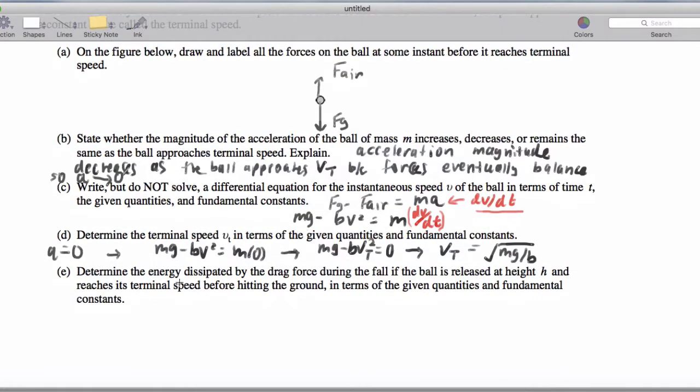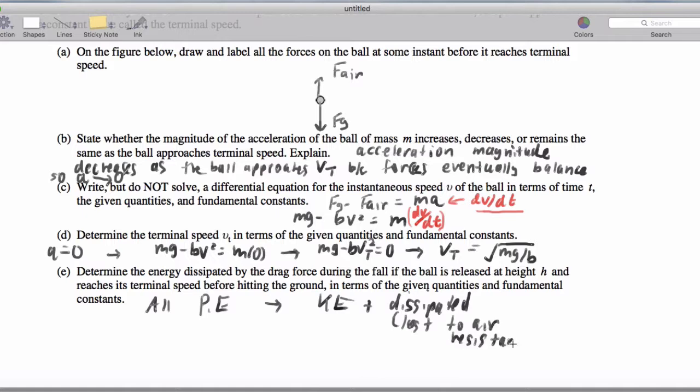Now, the energy dissipated by drag force. So we start off with all potential energy, and it becomes kinetic plus the dissipated energy that we lose due to air resistance. Now, you're not going to be tested on this, but it's a good question to ask.